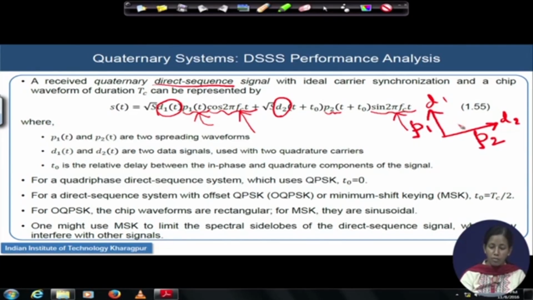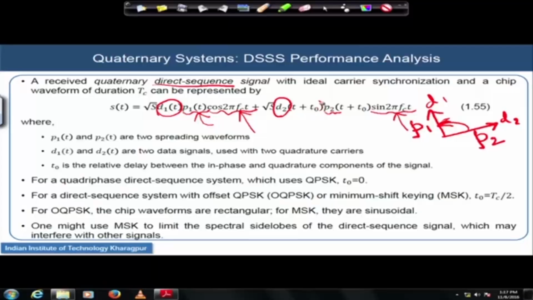The power of both signals is equally shared and given by the square root of S. And remember what T0 is? T0 is the relative delay between the signal received on, say, the cosine axis or one of the carriers, with respect to the effective delay available on the other carrier. If we consider that there is a relative delay between the signals received over the two carriers, that delay will be symbolized in this derivation as T0.